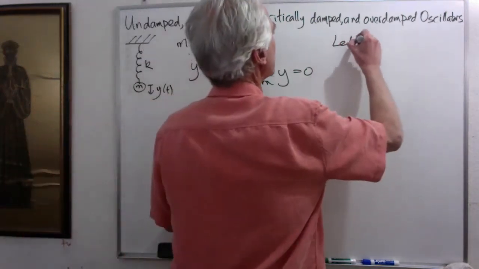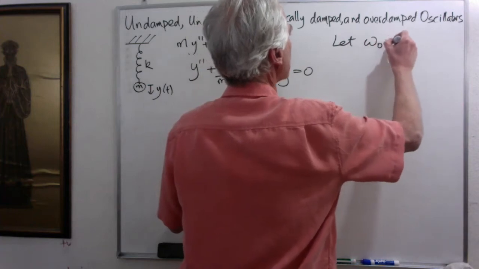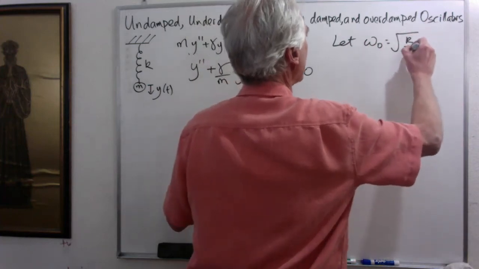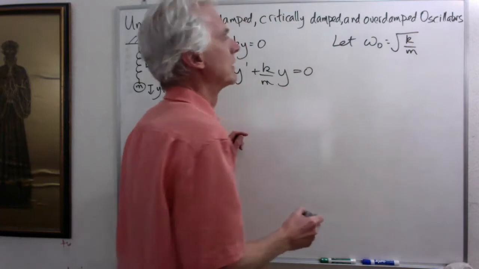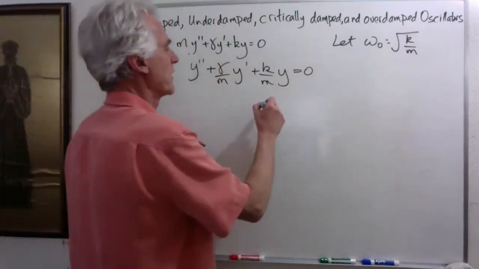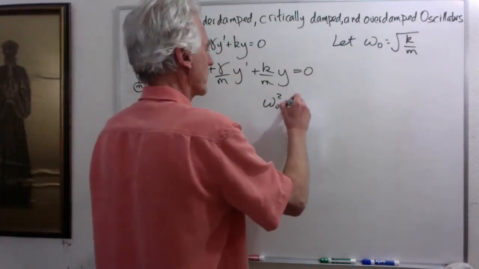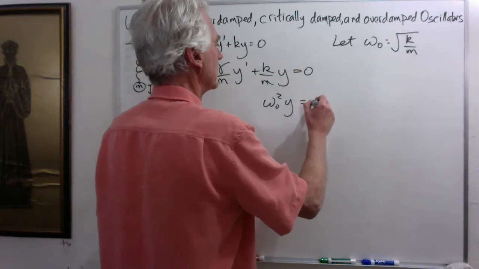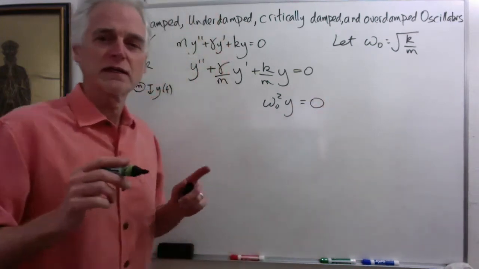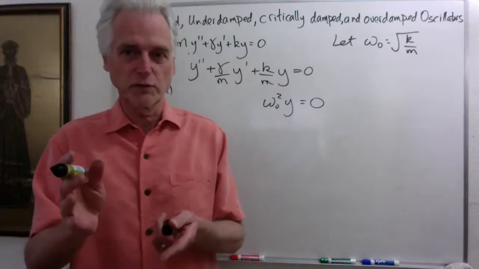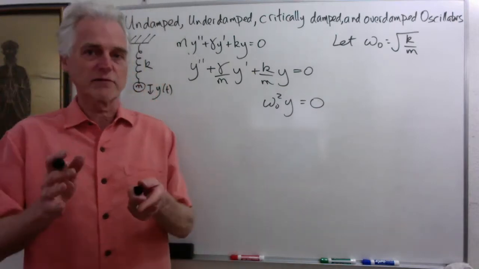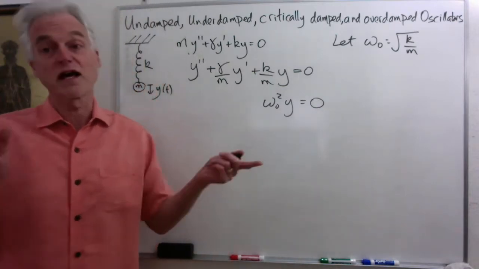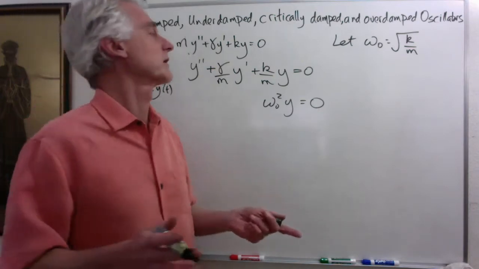And let's remember that we define let omega naught be square root of K over M. So this is just omega naught squared y. And remember, omega naught is the frequency of the undamped system, but we still talk about omega naught a lot, even if you have damping.